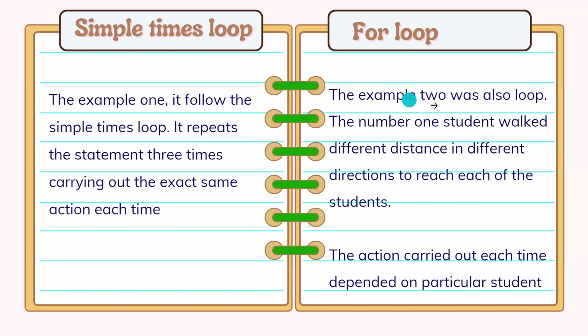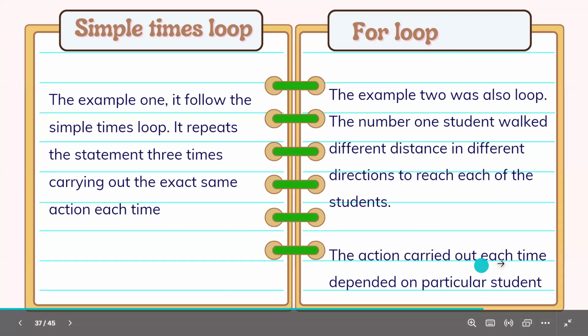However, in the for loop, example two, it is also a loop, but the number one student walks a different distance in a different direction to reach all the students. Because the students are scattered, he needs to walk a different distance and direction.